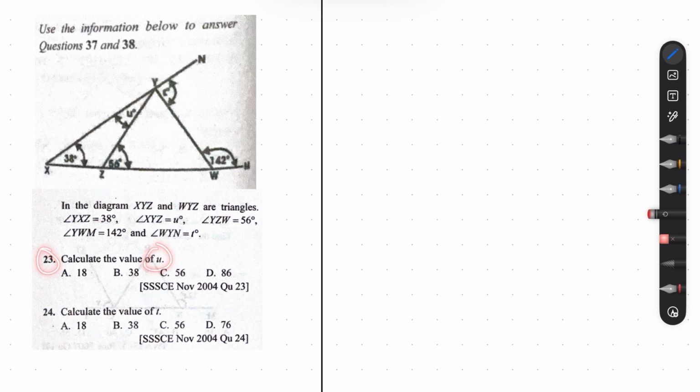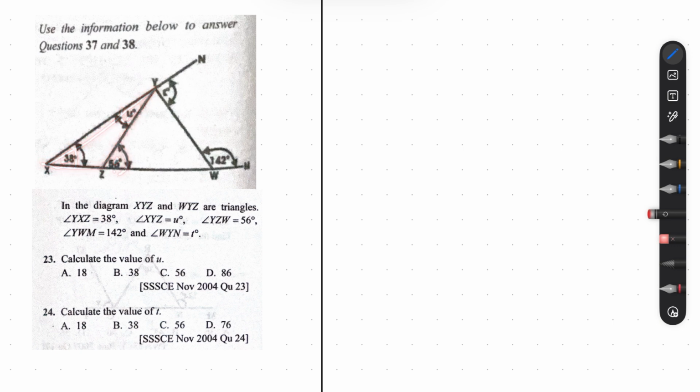So where in the question do you have u? Here is u. From the diagram we can see that this is 56. When we have a triangle and we add two interior angles, the sum of those two interior angles should be equal to the opposite exterior angle. So the sum of this and this should give us this 56.